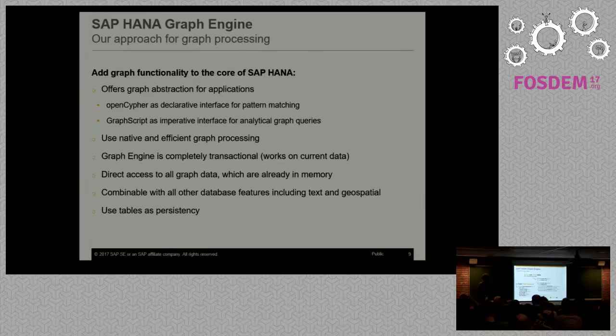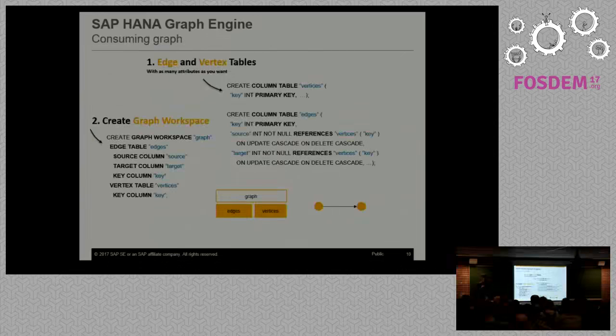What you need to provide to get this graph abstraction is basically a set of attributes. We need a key for each vertex to identify it. We need for each edge the source and the target vertex, and a key, because we want to have more than one edge between two vertices.